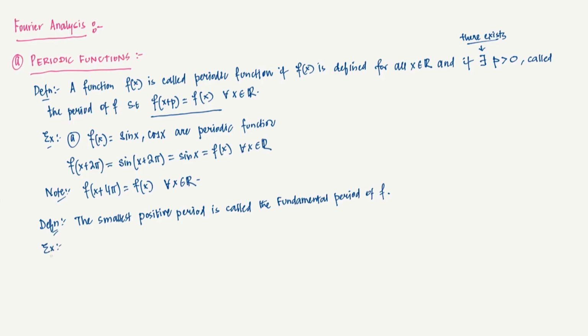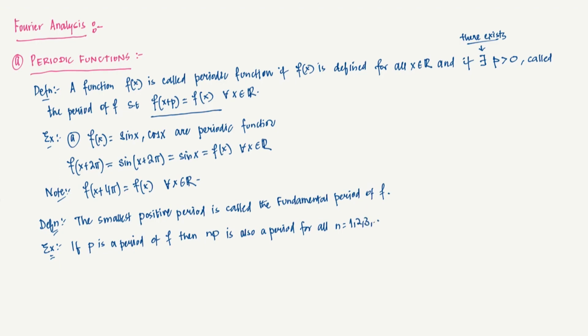Let's say p is a period of f, then f of x plus np is also going to be f of x, so np is also a period, for all natural numbers n.